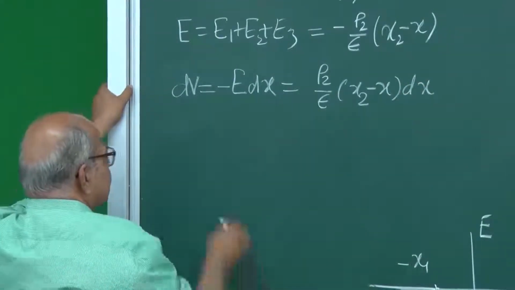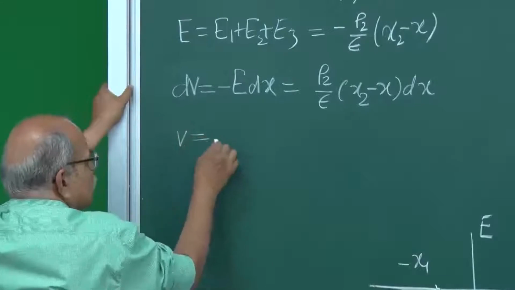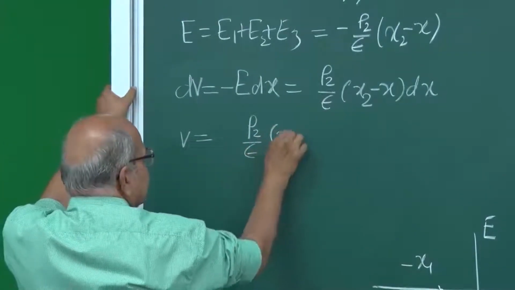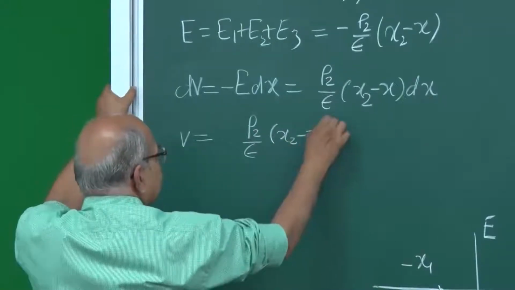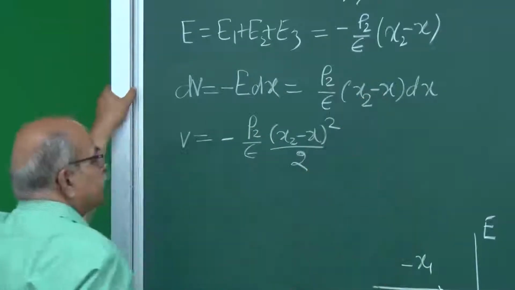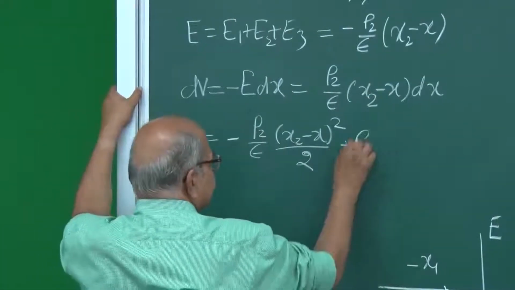If I integrate, you get V is equal to rho 2 over epsilon times x2 minus x whole square by 2, with a minus sign because you have a negative sign here, plus some constant.